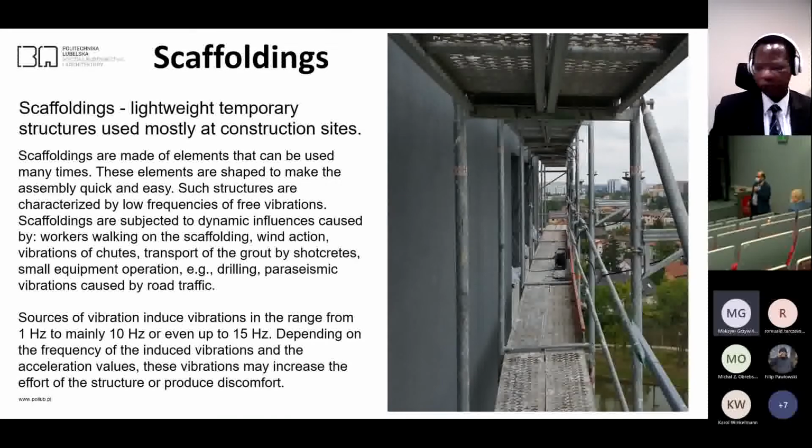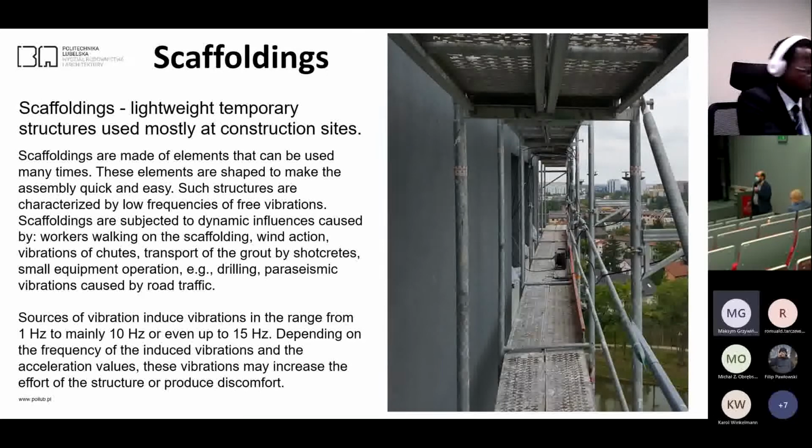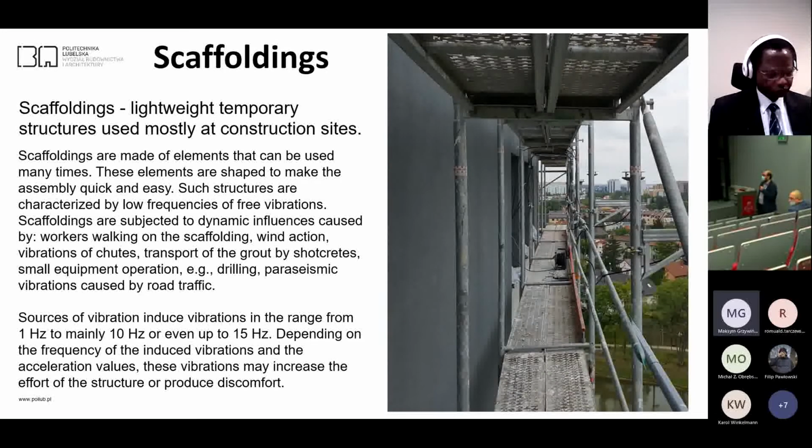The frequencies that we have identified on such structures are from 1 to 10 hertz, sometimes even 15 hertz. These vibrations can induce some displacements, some accelerations, and even some effort coming from the forces in structure elements.